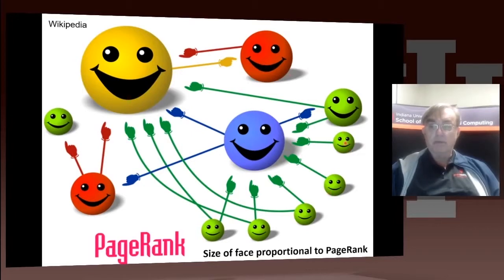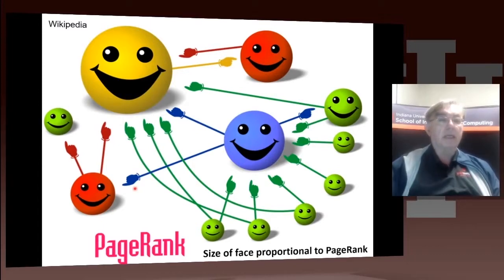You only get to them if you actually use the 0.15 probability of typing the URL into the web browser. This yellow thing up here, the really happy thing, has lots of people pointing at that page. So the size of the happy face is proportional to the PageRank, which is calculated iteratively by assuming a PageRank for all the pages.